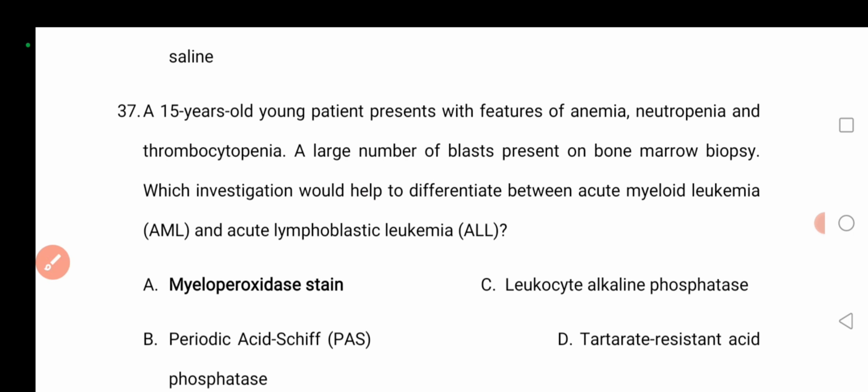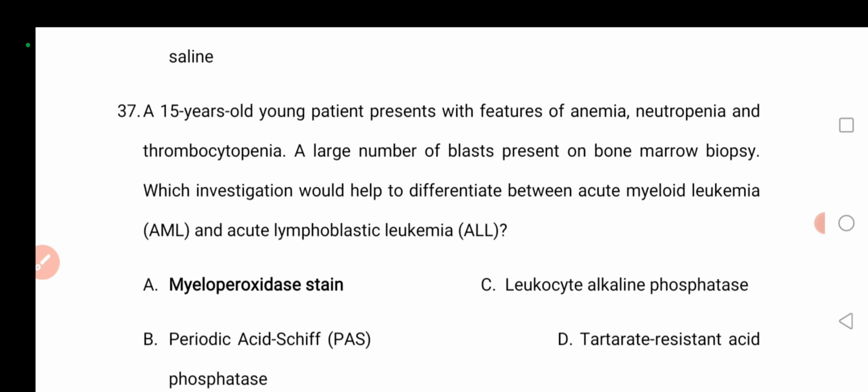The other is a 50-year-old patient presenting with features of anemia, neutropenia, and thrombocytopenia. A large number of blasts are present on bone marrow biopsy. Which investigation would help to differentiate between acute myeloid leukemia and acute lymphoblastic leukemia?